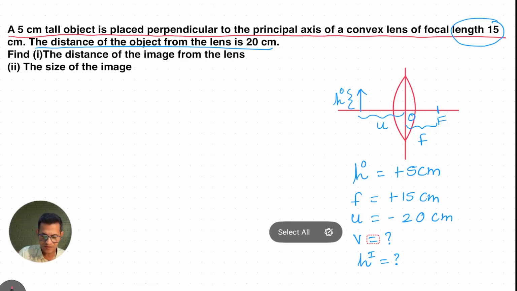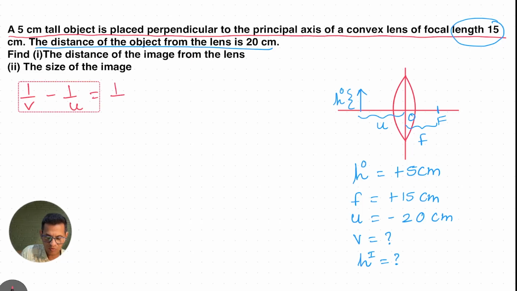So let's write the lens formula: 1 upon v minus 1 upon u is equal to 1 upon f. Let's shuffle around the formula: 1 upon v is equal to 1 upon f plus 1 upon u.